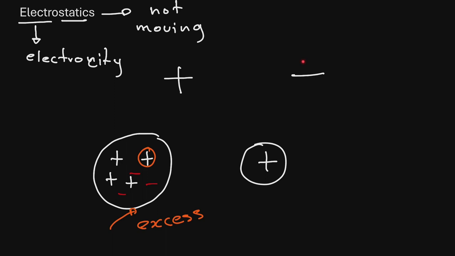One important thing is that it is only the negative charges that can move from one object to the other, because the negative charges refer to what we call electrons. If we refer to chemistry, we have what we call an atom. An atom consists of a nucleus, and within the nucleus we have protons and neutrons.